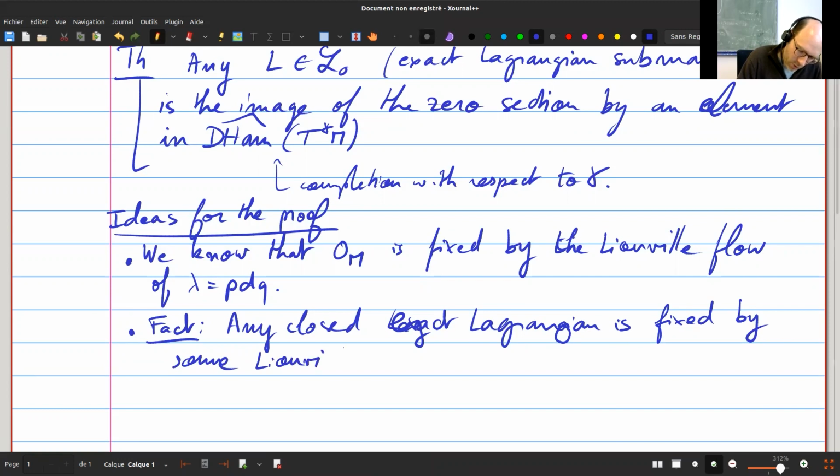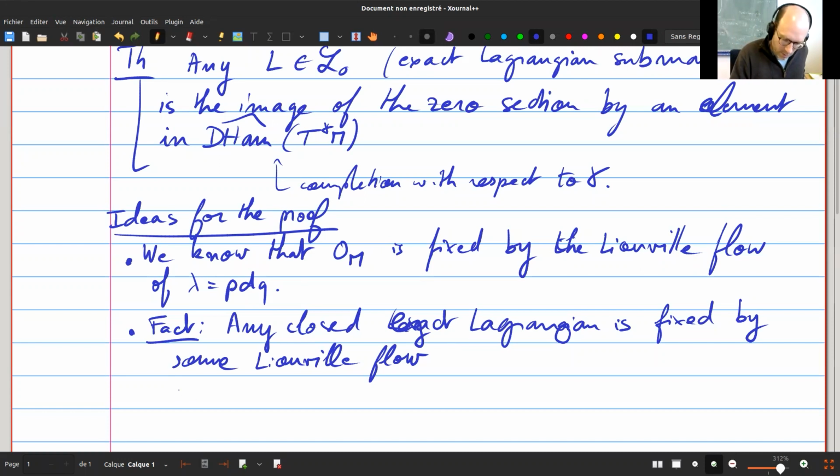The meaning is that if you change the Liouville form, it's possible to find a Liouville form such that the associated Liouville flow will fix the given Lagrangian. And it is possible to build something like this for any Lagrangian by some elementary methods.